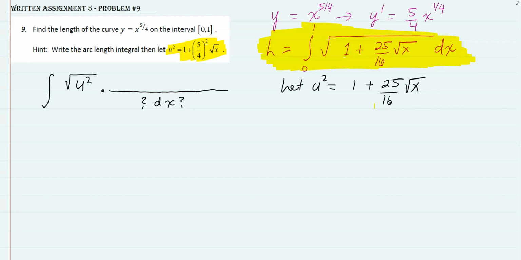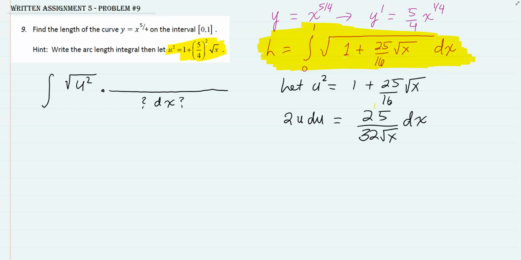Okay, so let's go ahead and take the derivative of both sides here. When we do, we will have 2u du equal to, the derivative of 1 is 1. The derivative of 25 over 16 square root of x is going to be 25 over 32 square root of x dx. Because we know the derivative of square root of x is 1 over 2 square root of x.